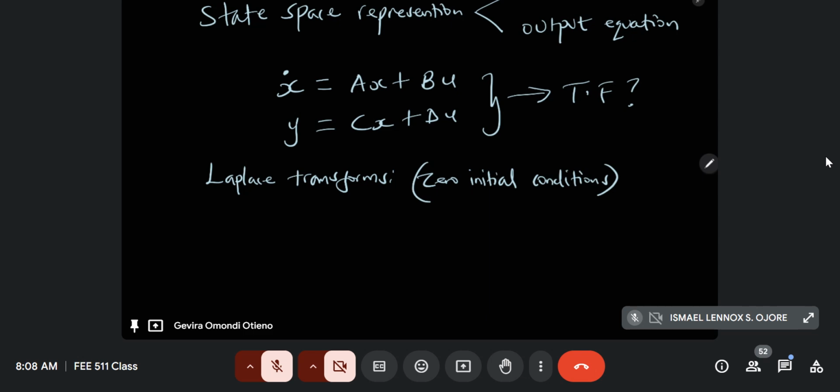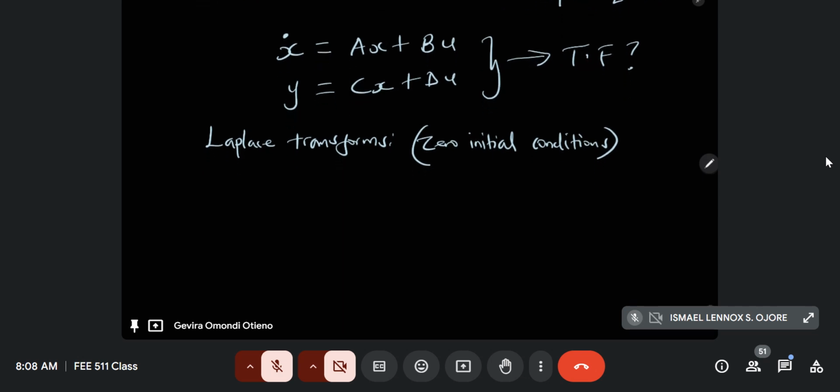Okay. So if we take the Laplace transforms of our two equations here, of course, this is a derivative. So we take the Laplace transform on the left-hand side and on the right-hand side. That makes it easy because then it becomes sX(s). Remember, taking Laplace transforms means we are switching from time domain to frequency domain. Of course, the right-hand side will be AX(s).